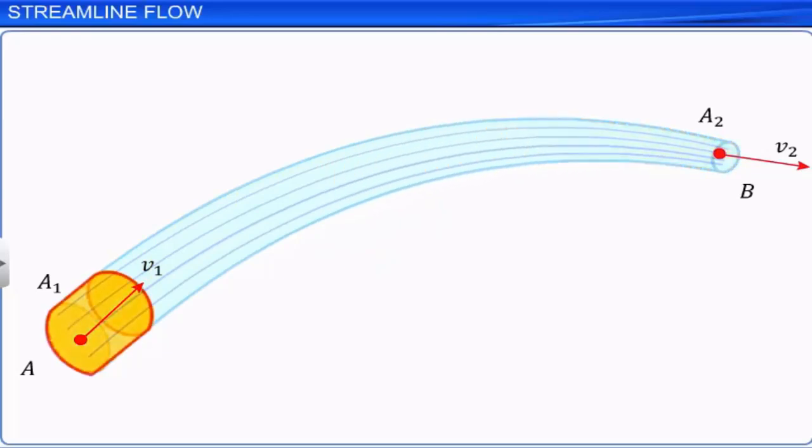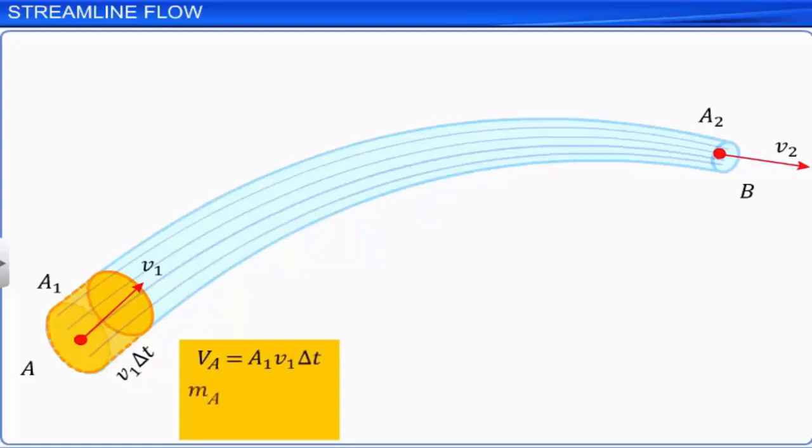To find the volume of the fluid, VA, going into the tube with the velocity V1 through the cross-section A in time delta t, consider a small cylinder of length V1 delta t. The volume of the fluid going into the tube through the cross-section at A is A1 V1 delta t. If ρ is the density of the fluid, the mass of the fluid, MA, entering the tube at A in time delta t, is A1 V1 delta t ρ.